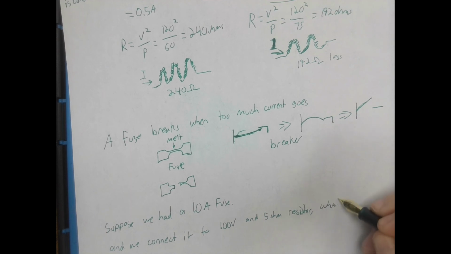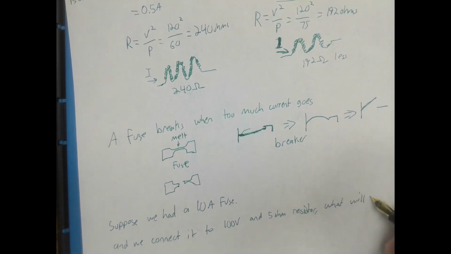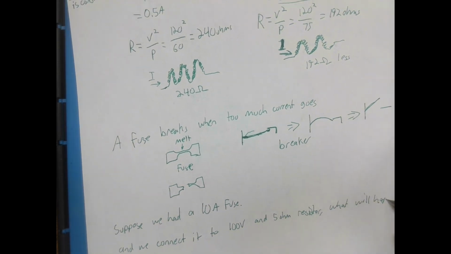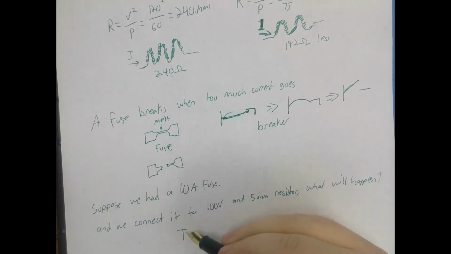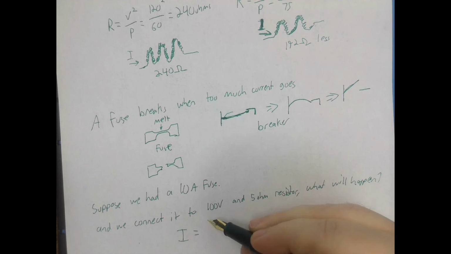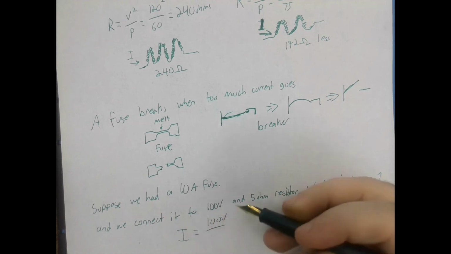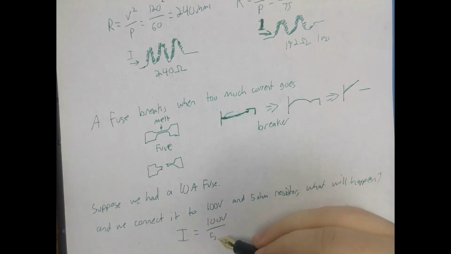What will happen? Well, we need to figure out the current. Current would be the voltage over the resistance.